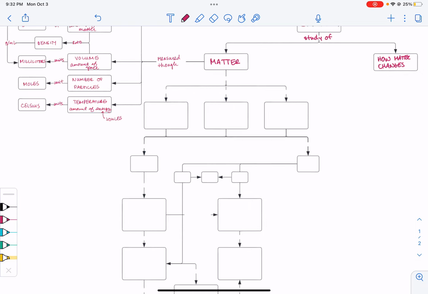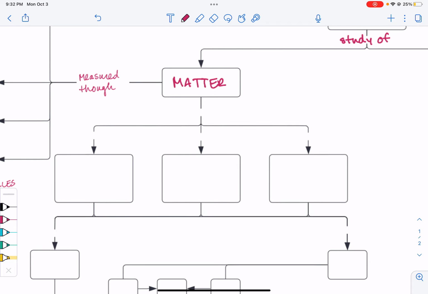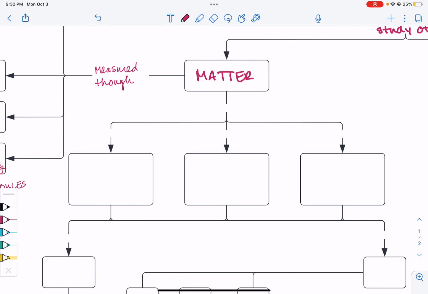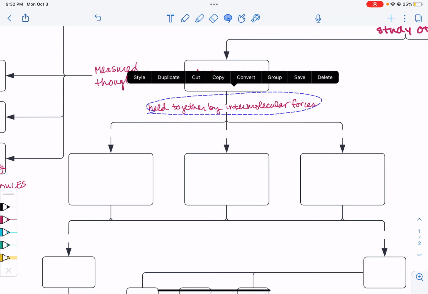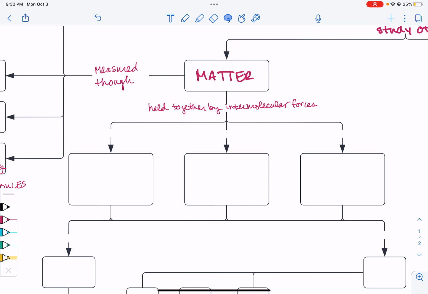Okay, so our matter is held together by intermolecular forces. And I'm going to move this so that it's a little bit more centered. There we go. Okay, and our matter is held together by our intermolecular forces into our three states of matter.